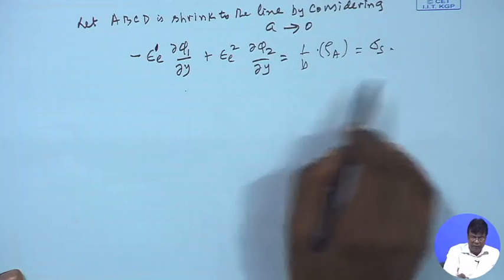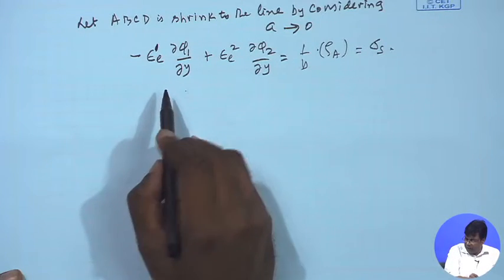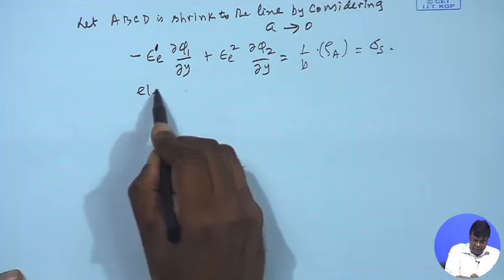So this is called the jump condition, the electric displacement jump condition.